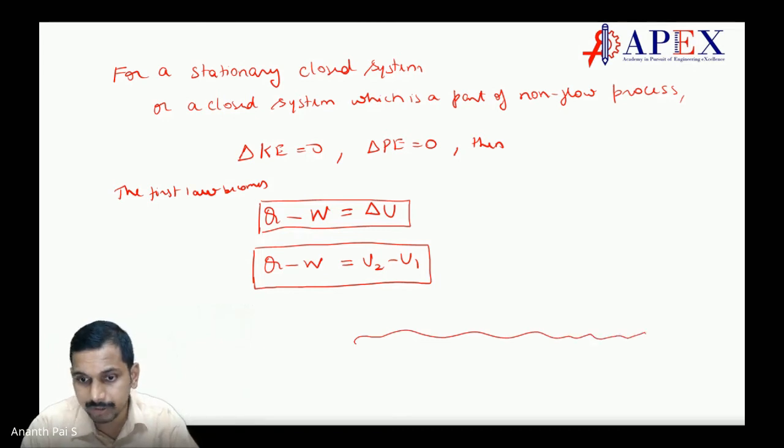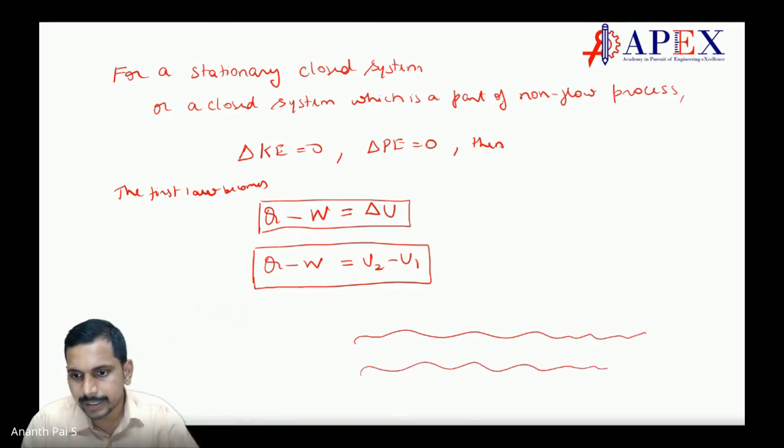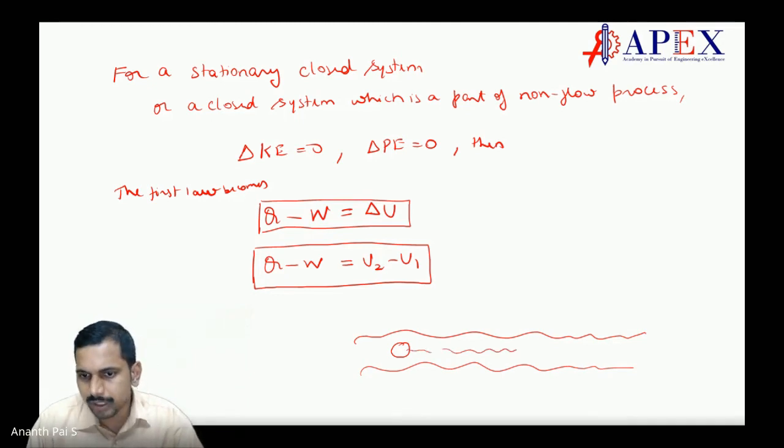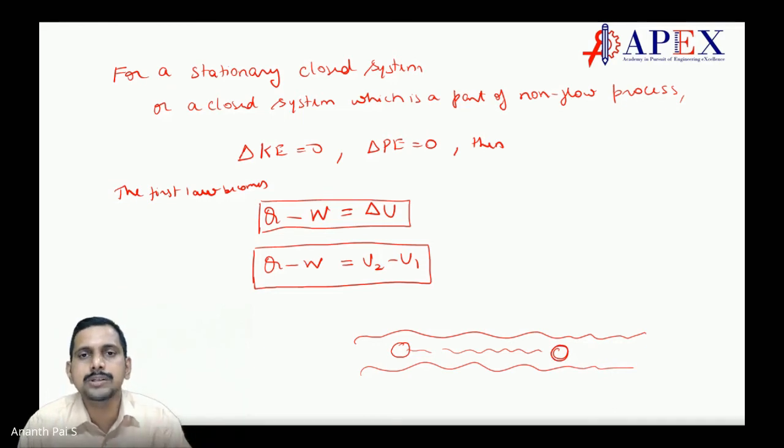For example, a river flowing. Say in the river there is hot oil which has fallen into the river, and this hot oil is moving over the surface of the river. Now, will it be a closed system or an open system? This hot oil moving on the surface of the river is an example of a closed system, not an open system.